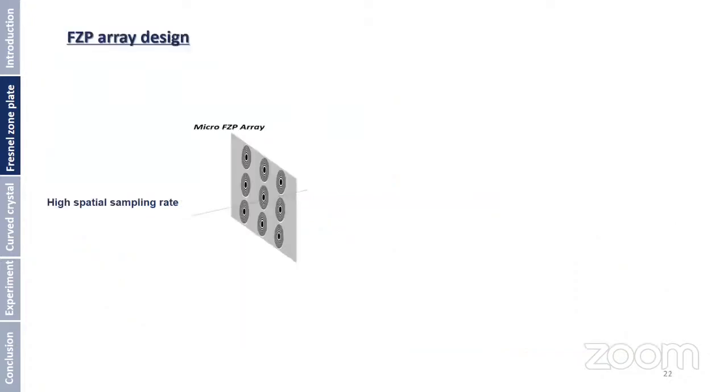As presented earlier, the plenoptic camera relies on the dense microlens array to sample the spatial information of the light field. So, for each lens in the array, the size is limited.